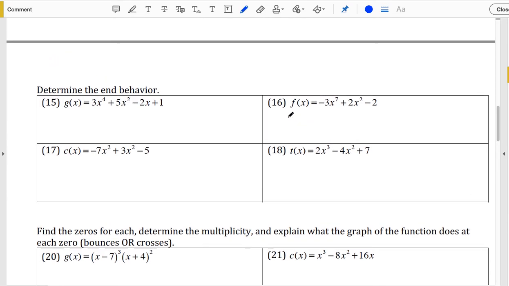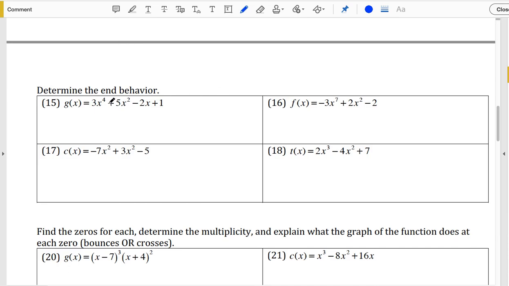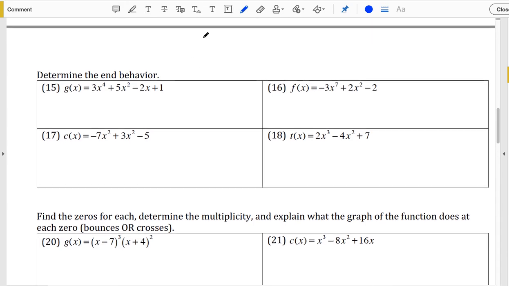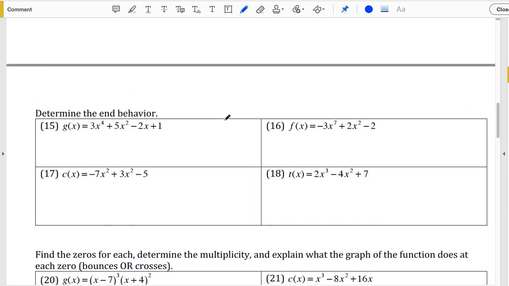So remember, for determining end behavior, we know every single polynomial is always going to have the same end behavior as one of our 4 basic functions. And by 4 basic functions, I mean x squared, negative x squared, x cubed, or negative x cubed.